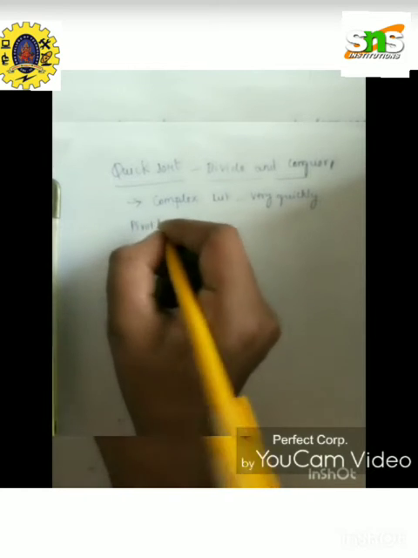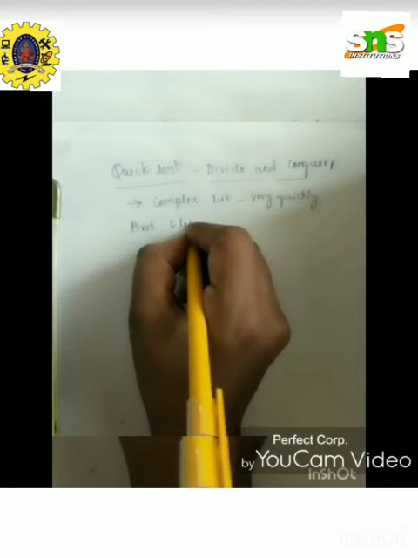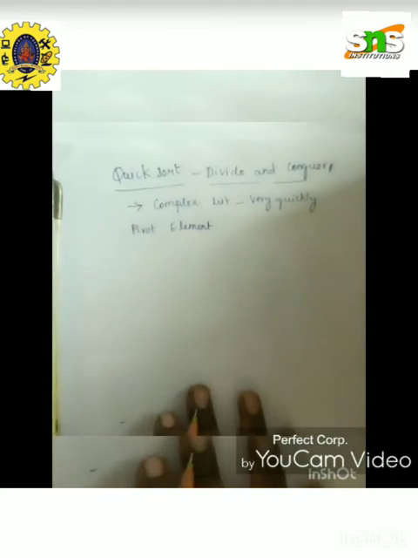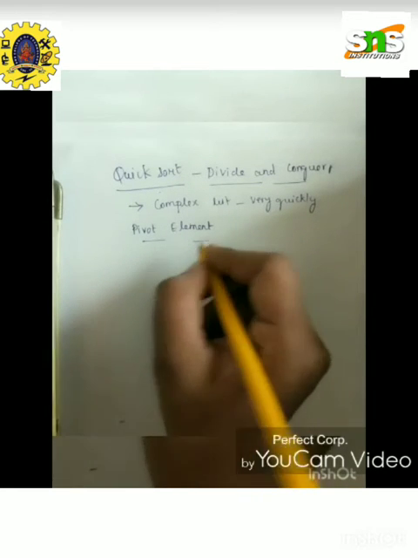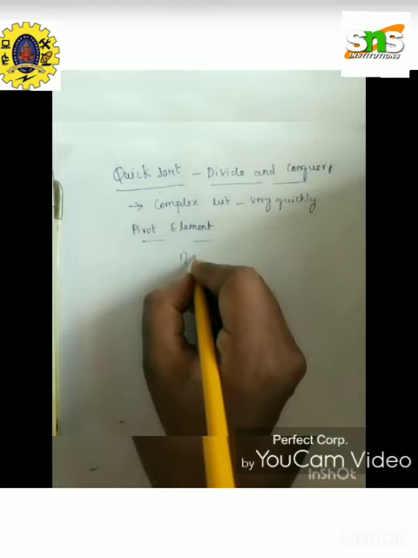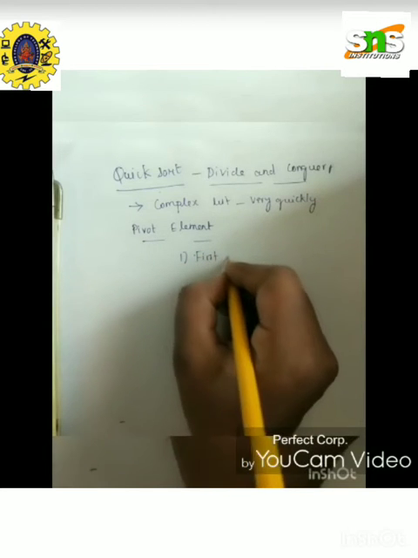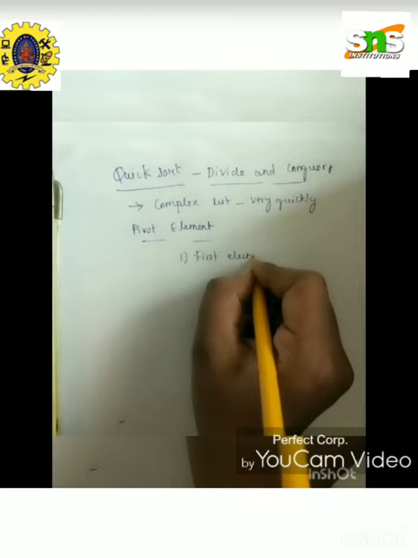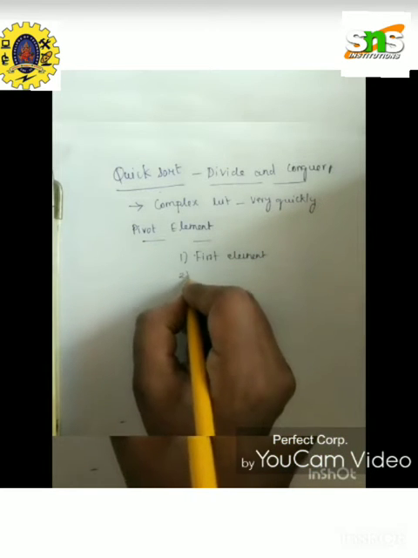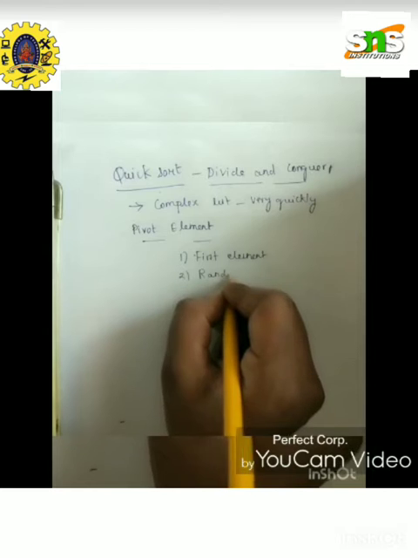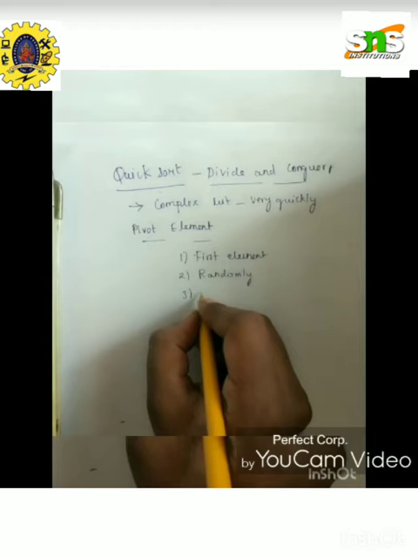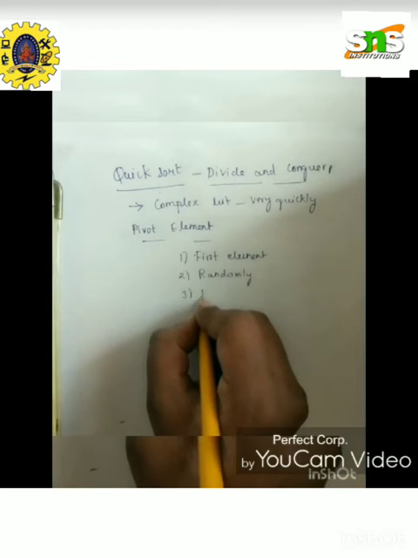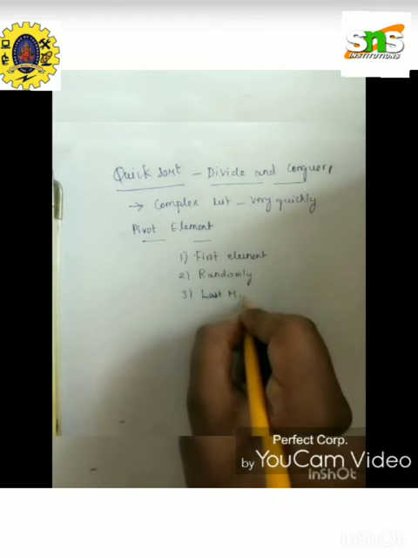It is handled by choosing a pivot element. Choosing the pivot element has three different methods. The first is choosing the first element as the pivot, the second is choosing the pivot element randomly, and the third is choosing the last element or the mid element as the pivot.